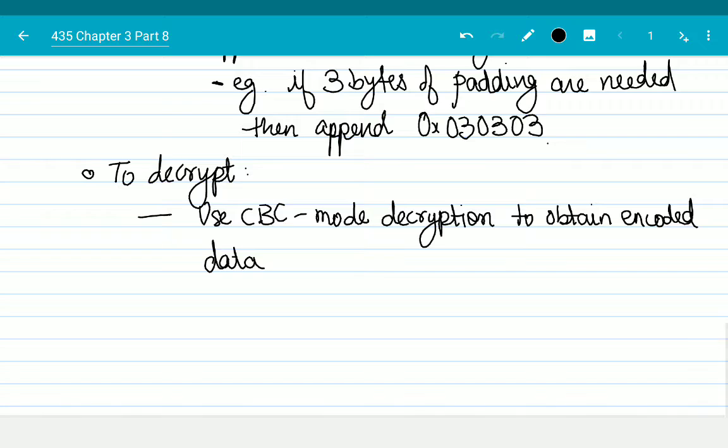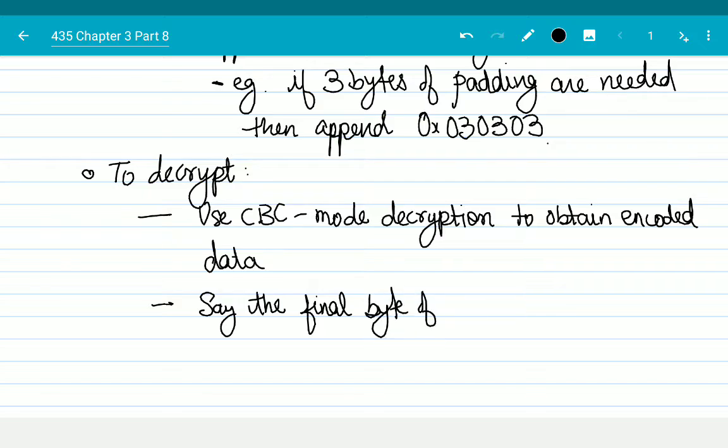And how do you do this? So look at the final byte of the encoded data.